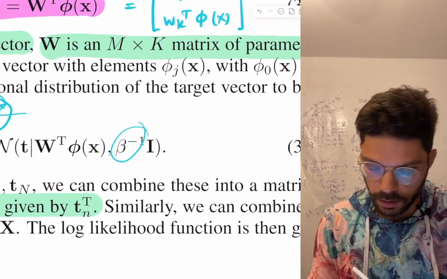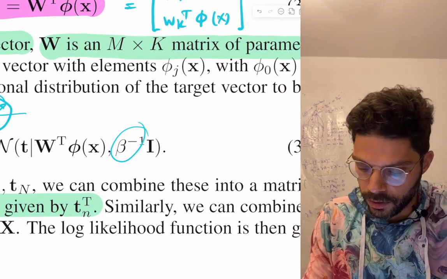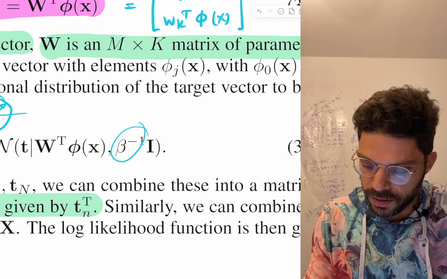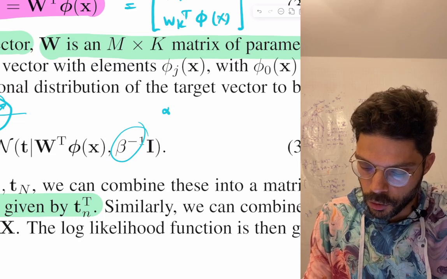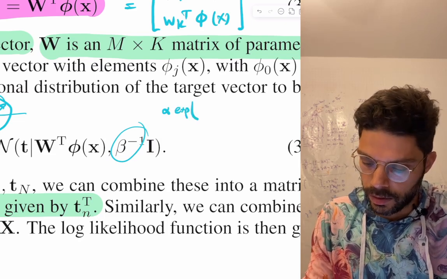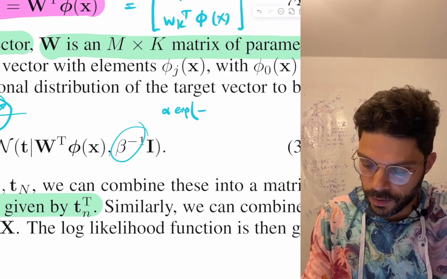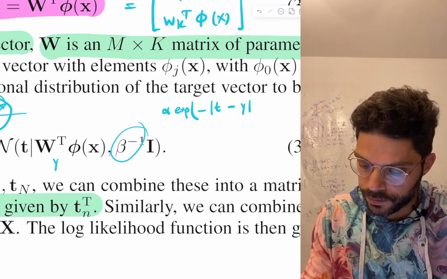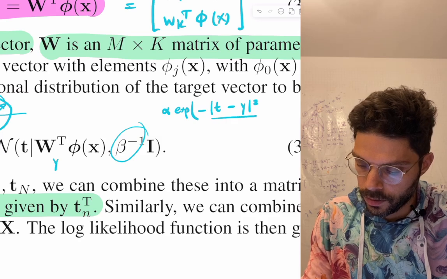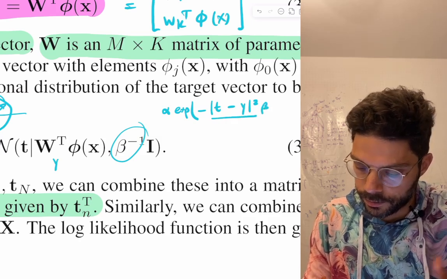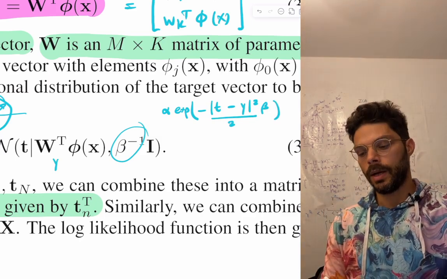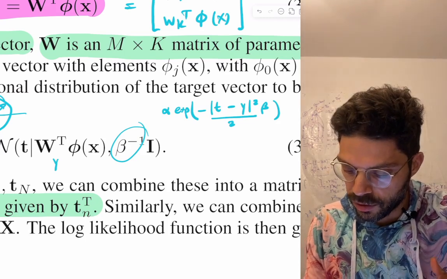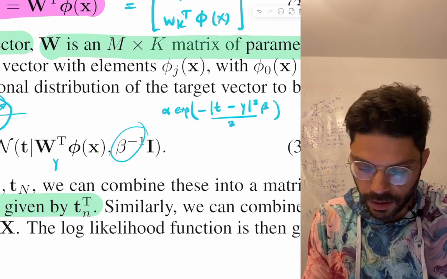Okay. So if we do that, what is this going to look like? This is proportional to the exponential of minus beta over 2 times t minus y, where I'm just going to call this y. And let's look at what these t minus y's look like. That's going to be the most important thing.